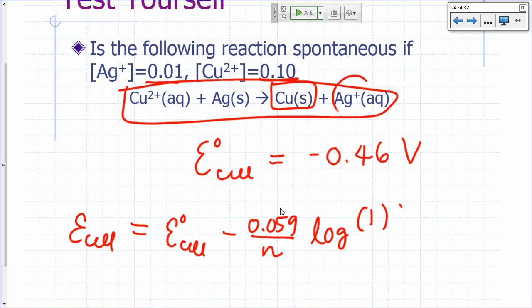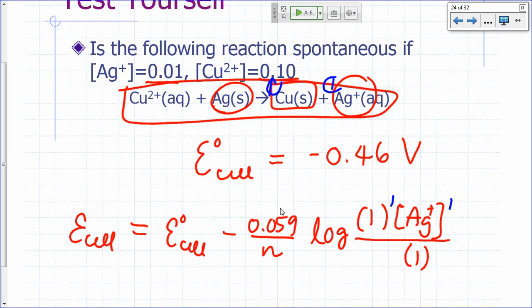What's the activity of an ion in solution? That's the concentration of silver, divided by activities of the reactants. By the way, coefficients here are 1 and 1, so you raise this to the power 1. Activity of silver is 1, metal, solid. Activity of copper ions would be the concentration of copper ions. All right, so that's how you do that.